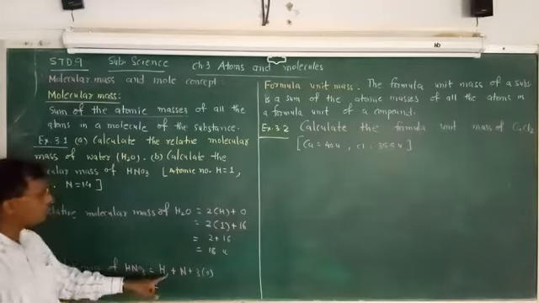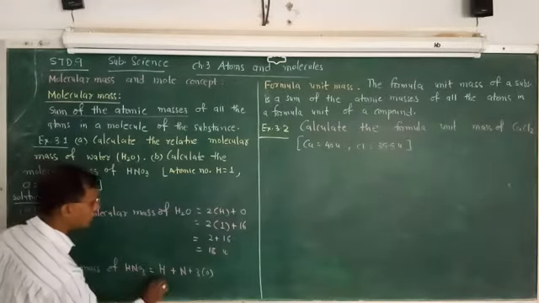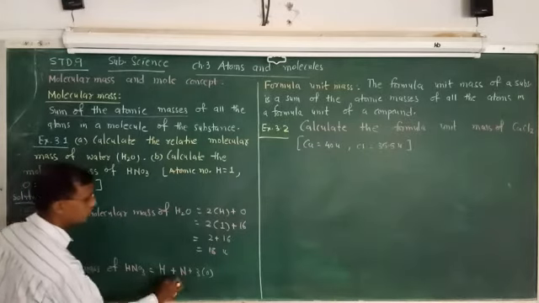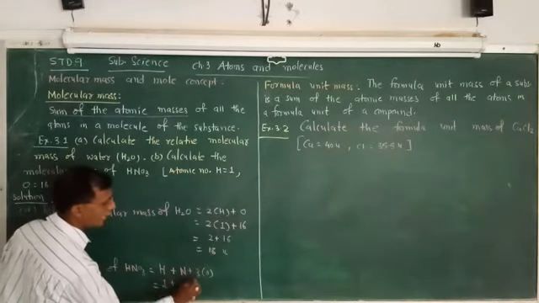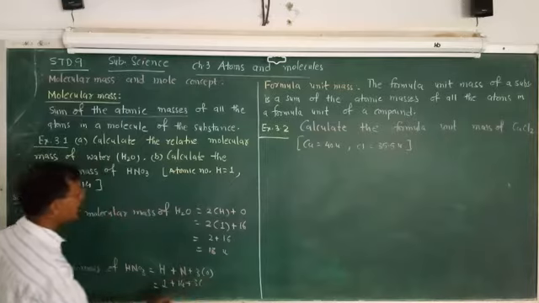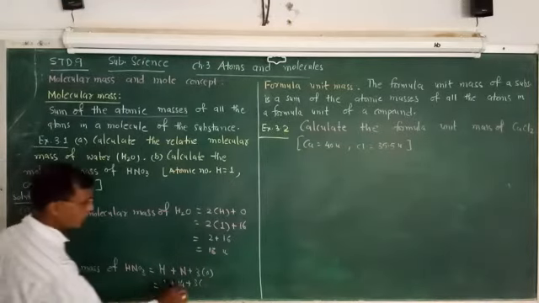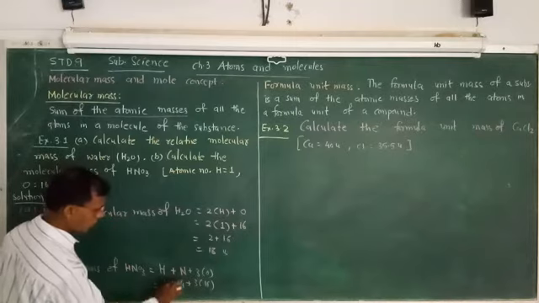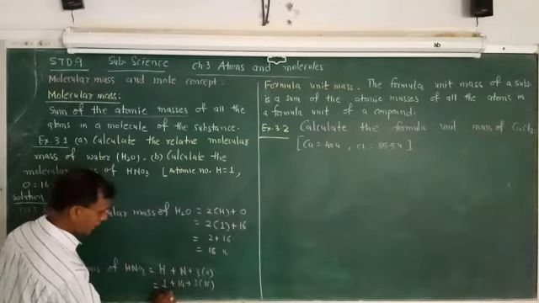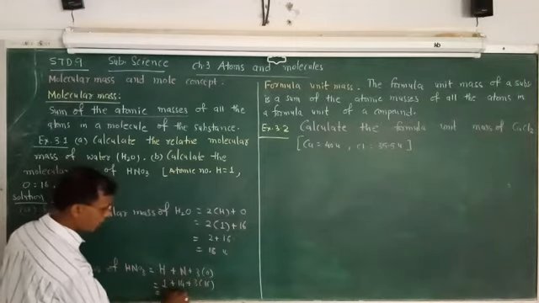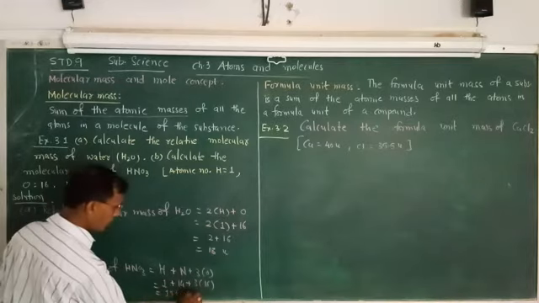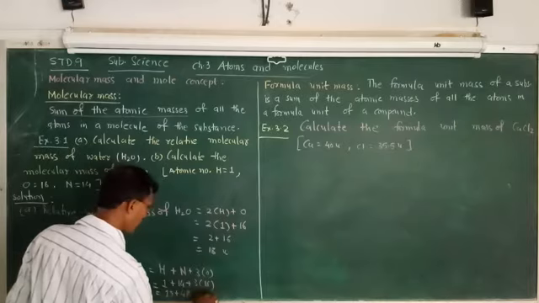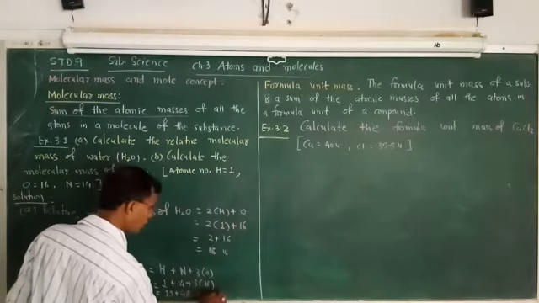The atomic mass of hydrogen is 1, atomic mass of nitrogen is 14, and oxygen is 16, three times. So 1 plus 14 is 15. 16 times 3 is 48. 48 plus 15 is 63 u.